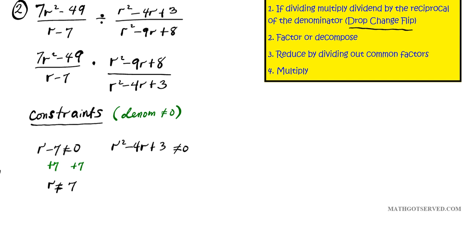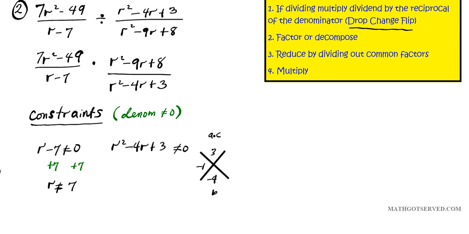Now we have a quadratic here, so we can go ahead and use the x game. Let's hope that this expression is factorable. We have 3 as AC, negative 4 as B, using the AC method of factorization. Now what two numbers multiply to give you 3 and add to give you negative 4?